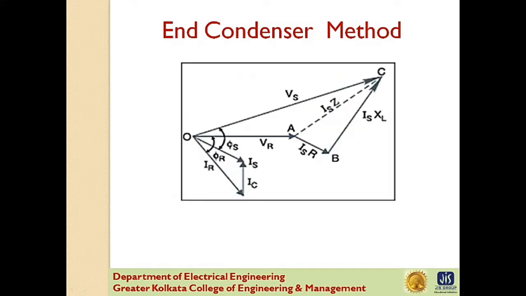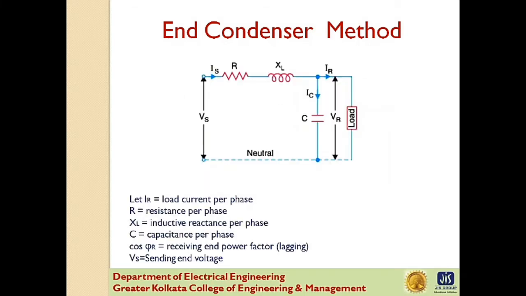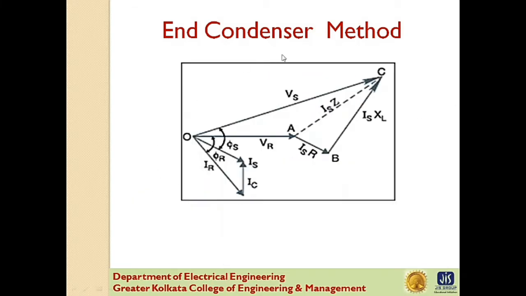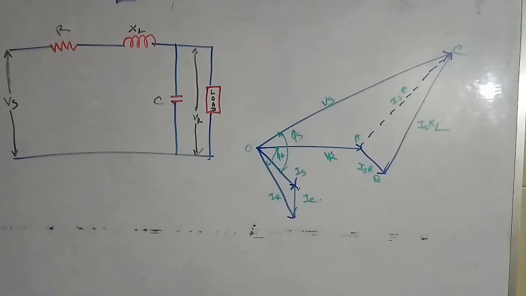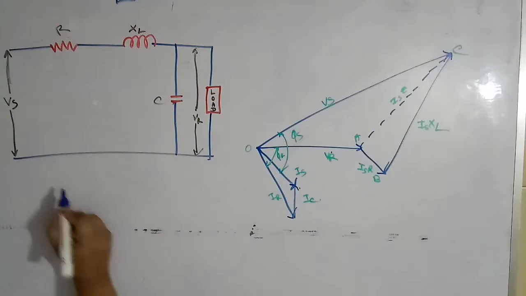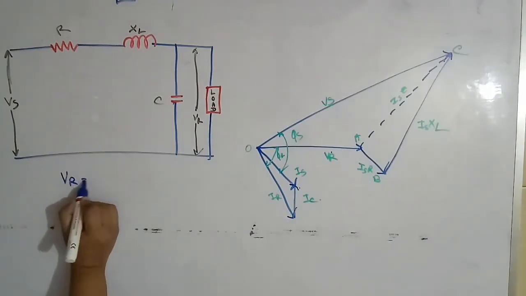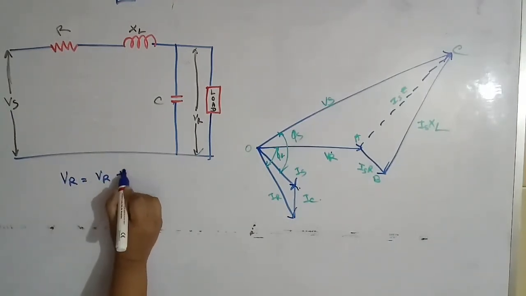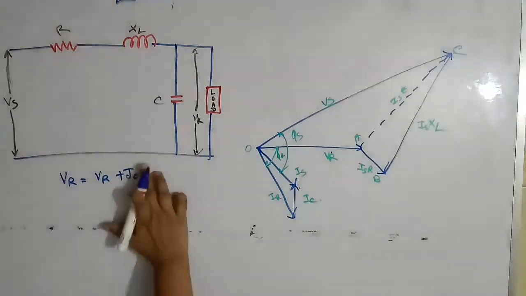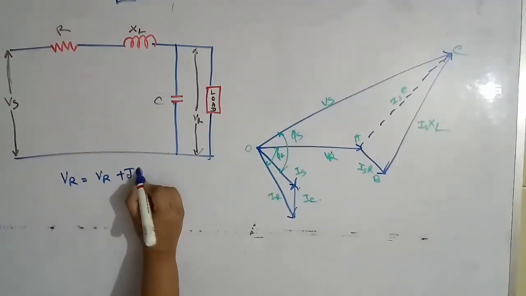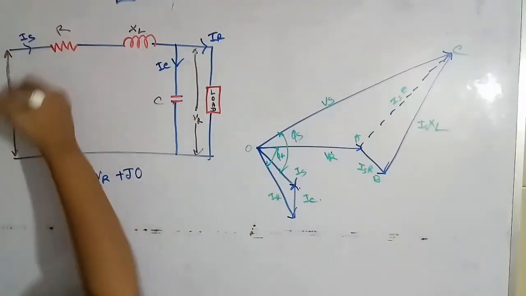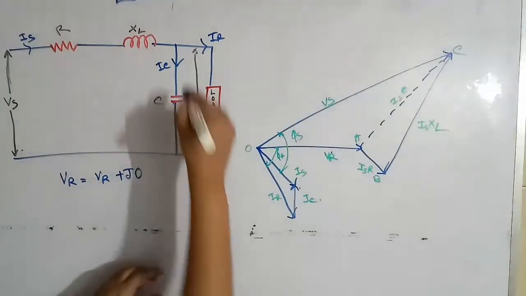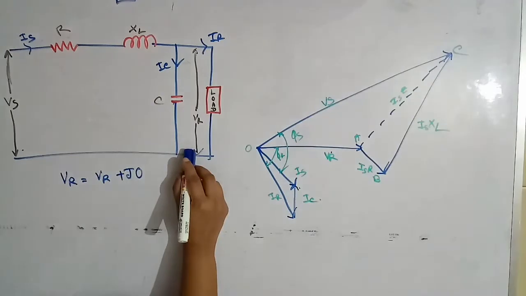Now, this is the phasor diagram of this circuit. To make you understand better, VR is taken as the reference axis, so we can write VR equals VR plus j0. Vs is the sending end voltage and VR is the receiving end voltage.